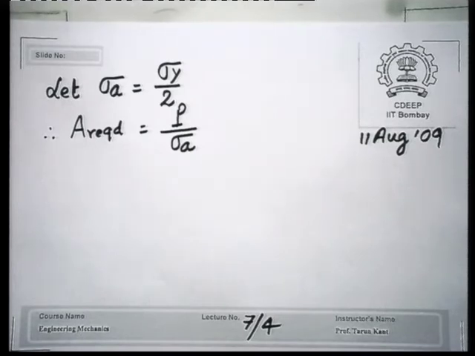So, I have provided more area of cross section. So, stress level will not exceed half the maximum value. Therefore, we have got some safety.